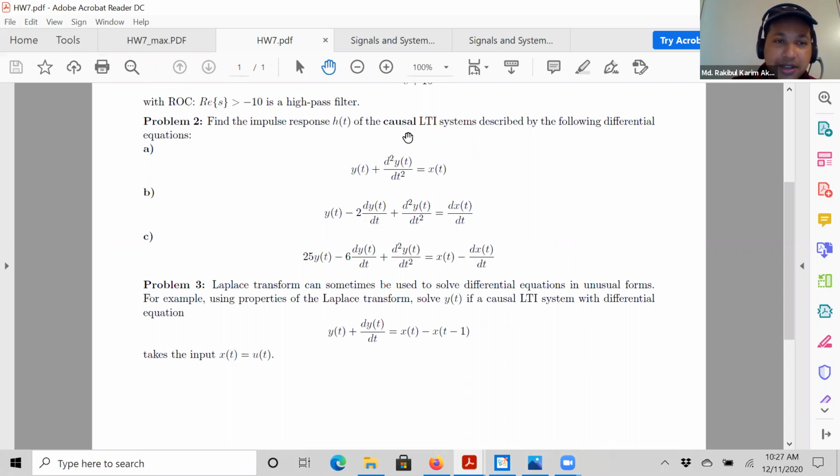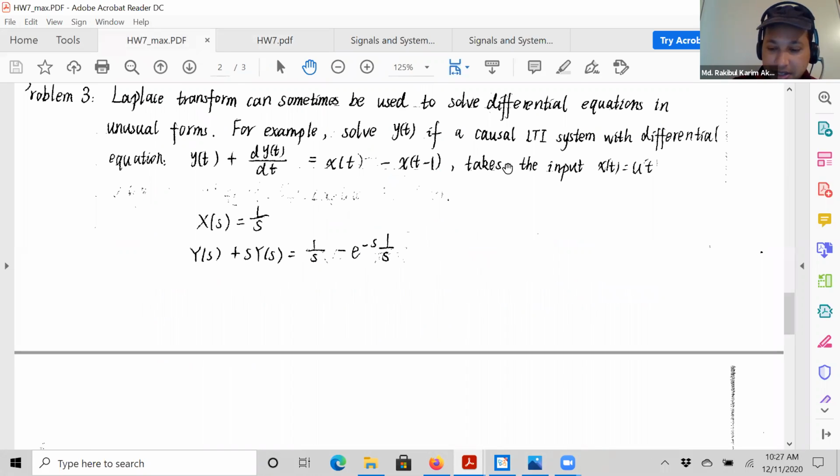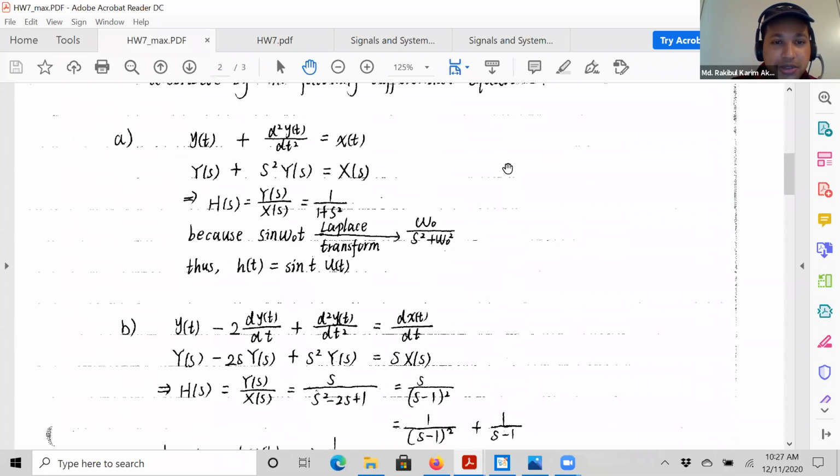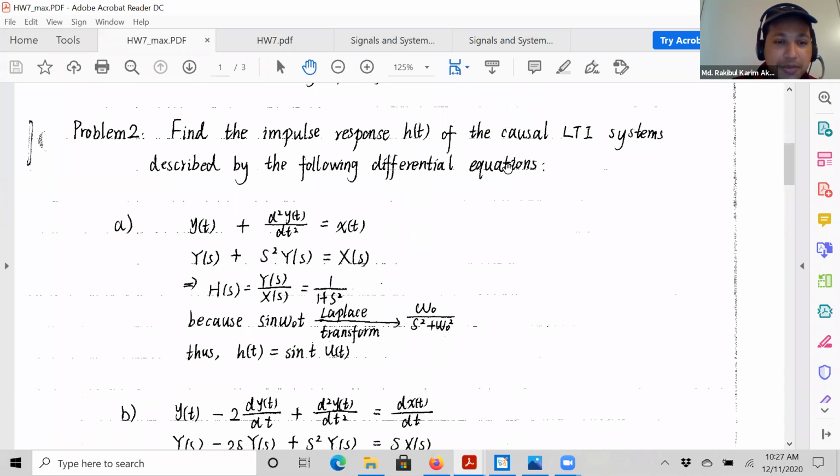I think I can directly show you how it is done here. The question was this first line: y(t) becomes Y(s), x(t) becomes X(s), and d squared y by dt squared is a double derivative, that's why s squared.